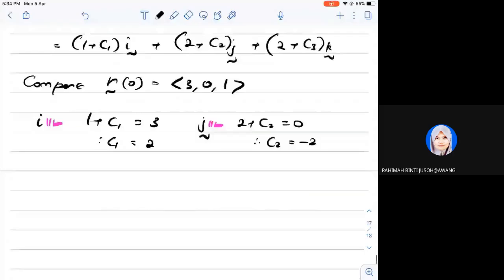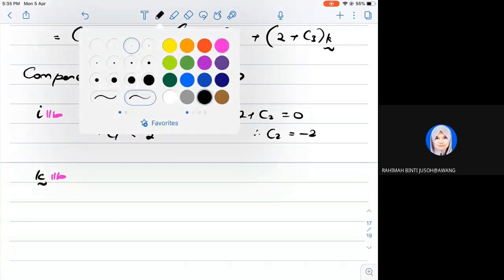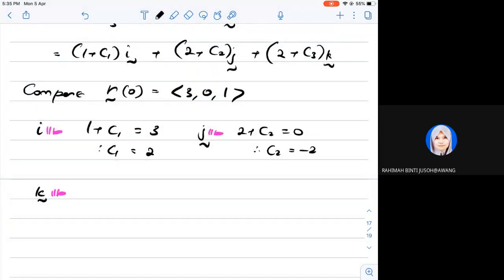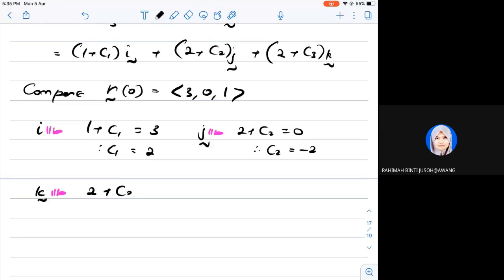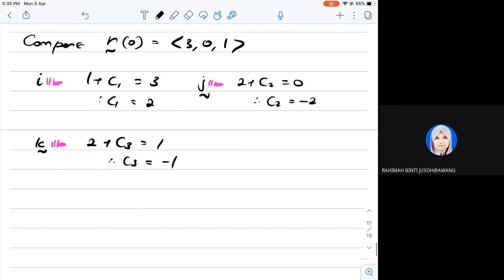Okay, and then component k, 2 plus C3 equals to 1. So C3 equals to 1 minus 2, which is negative 1. If there is a mistake, tell me guys, I'm afraid I overlooked something.